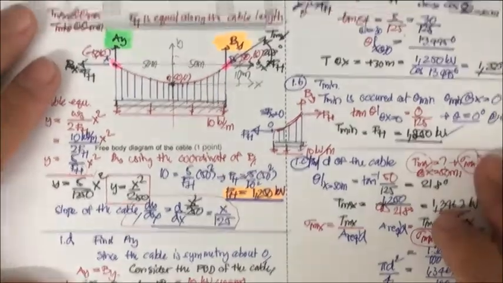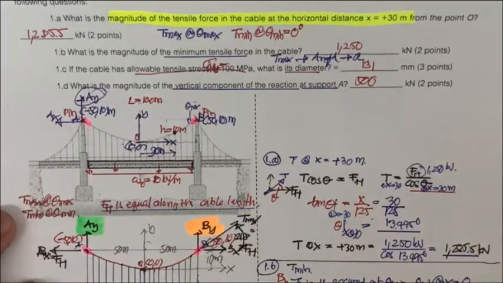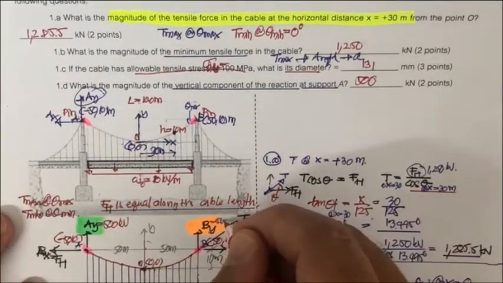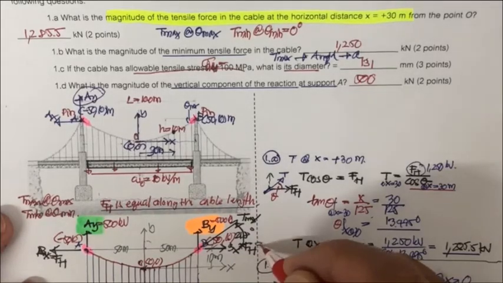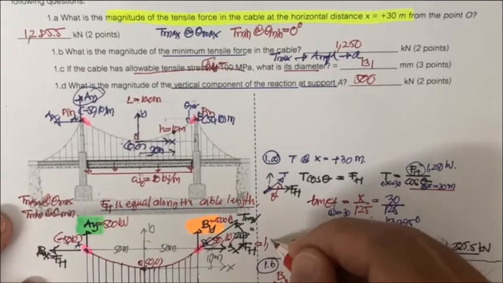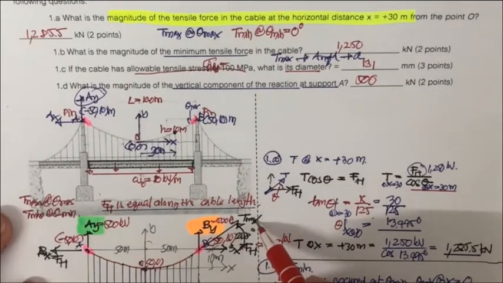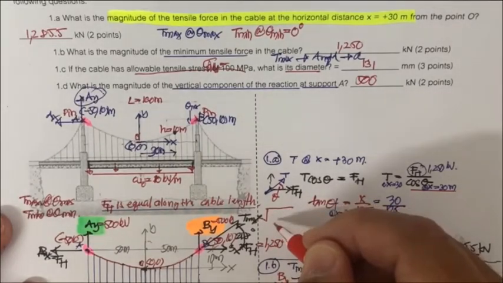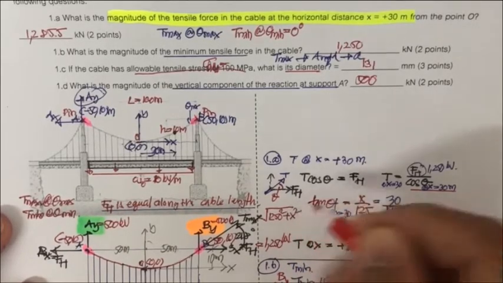So by doing this, we have 500 kilonewton here, and this one also 500 kilonewton. Since the B sub x is equal to F sub h, which is 1250 kilonewton, you may prove that the T max here is equal to the square root of 1250 square plus 500 square.